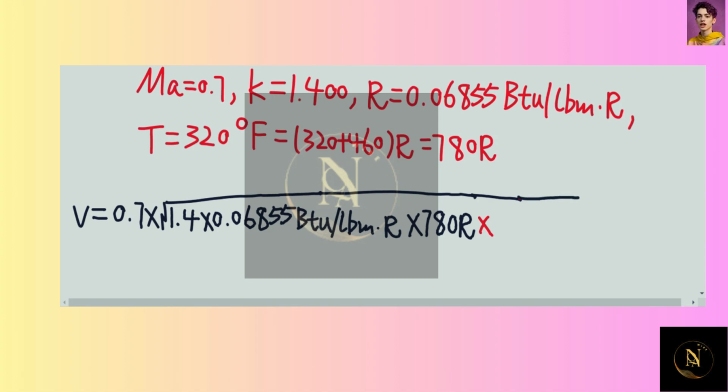So we know 1 British thermal unit is about 25,037 feet squared per second squared. Okay.